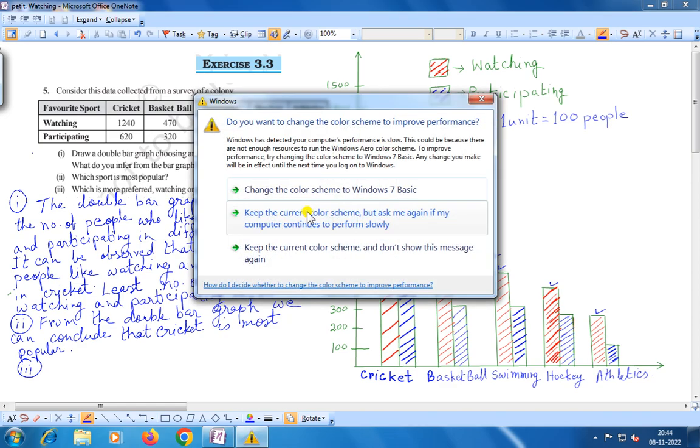From the bar graph, we can say that the bars representing watching sports are longer than the bars representing participating in sports. Hence, watching different types of sports is more preferred than participating in sports.